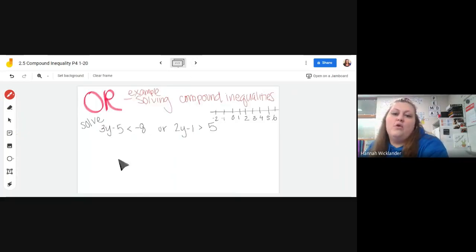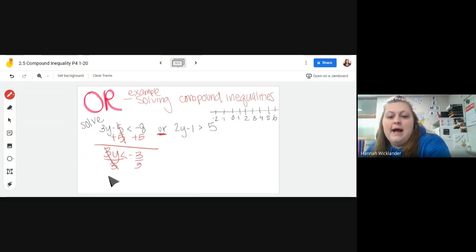Now we have the or statement, and we know it's an or statement because there's the word or. And then I'm going to solve them each separately and graph them on the same number line. So I'm going to add 5 to both sides. And then I have 3y is less than -8 plus 5 gives me -3. Divide by 3. I'm left with y is less than -1.